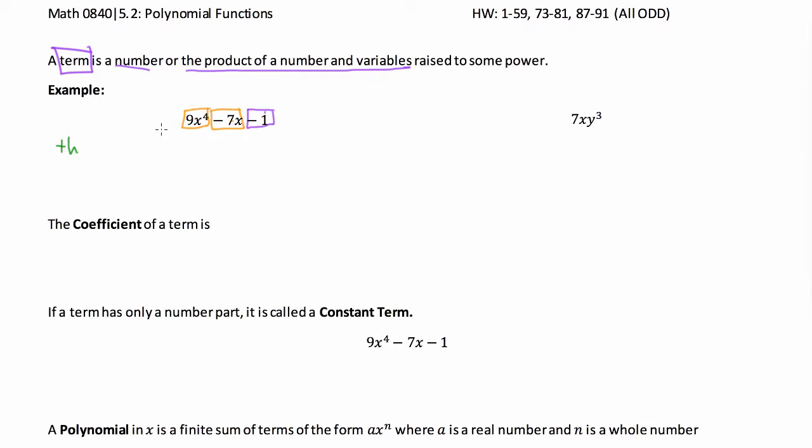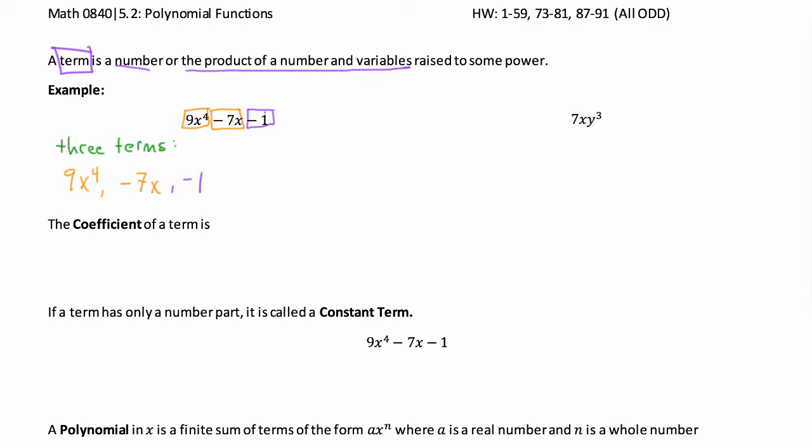So this expression has three terms, and those terms are 9x to the fourth, then negative 7x, and negative 1. So you can think about that, back to some of the first stuff we talked about.